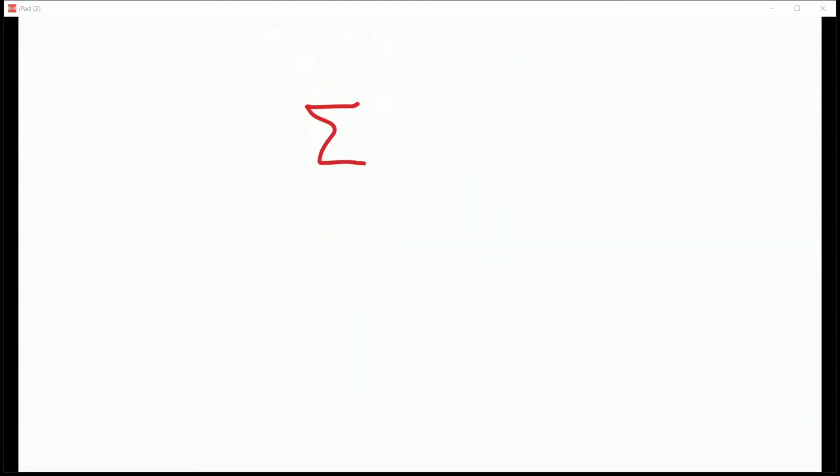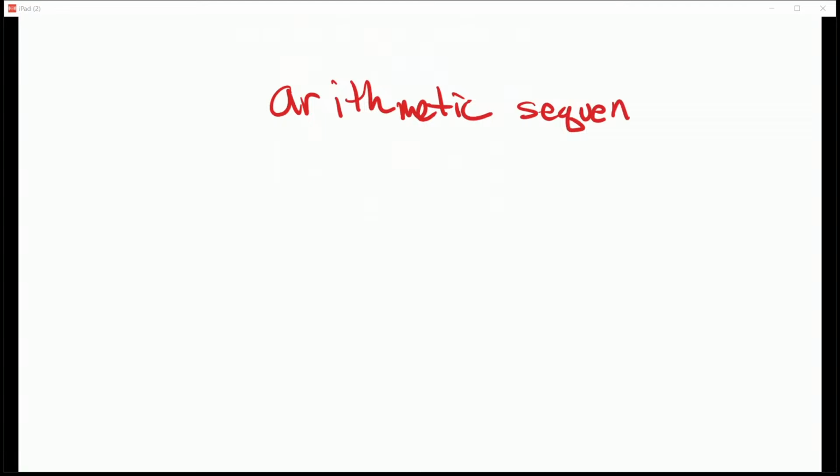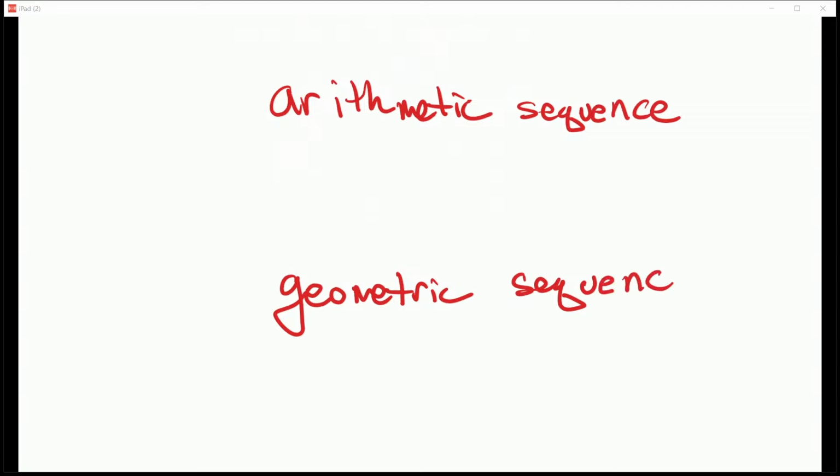So arithmetic. I guess this is dealing with this word arithmetic. Arithmetic sequence. And this is probably more than you wanted, but too late now. Geometric sequence. So this deals with these words.